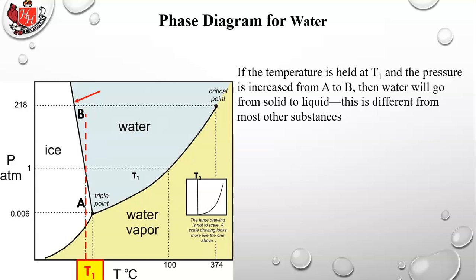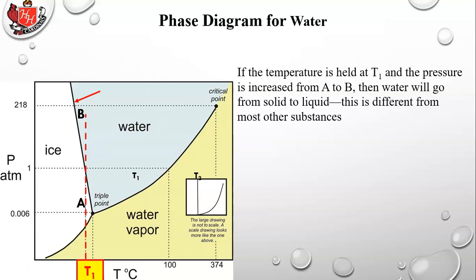And so what's happening is the ice at point A is hydrogen bonding. So the water molecules are pushing themselves apart from each other and creating that pretty hexagonal structure that you saw in the previous slides. So it's less dense. So when the pressure is lower, ice can form.